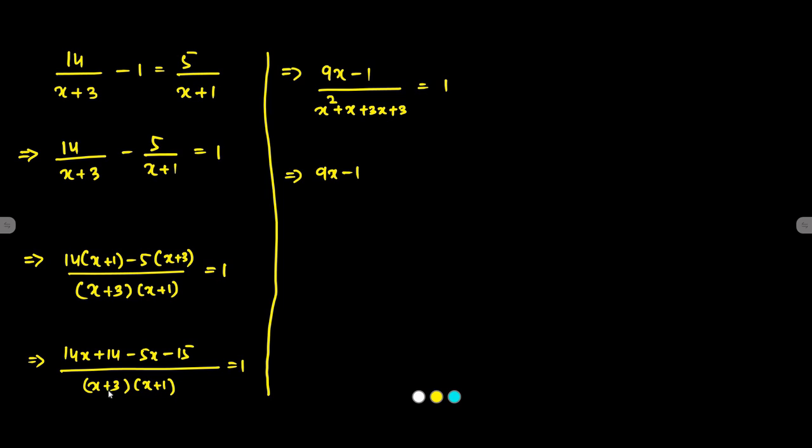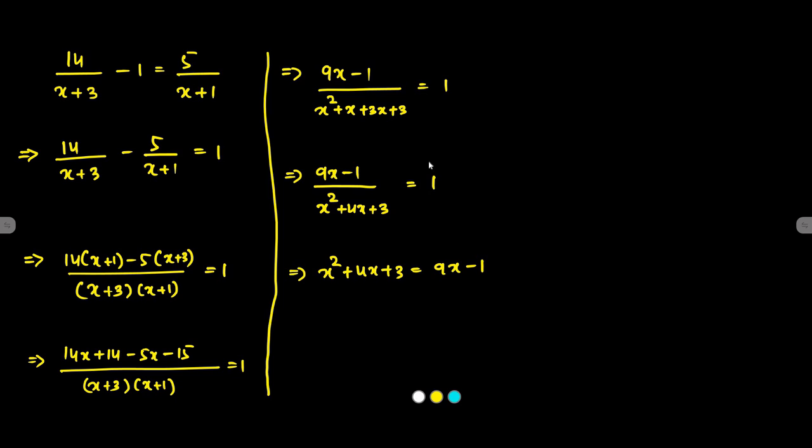Here I have just opened the bracket in the denominator. 9x minus 1 by x square plus 4x plus 3 is equal to 1. That implies x square plus 4x plus 3 is equal to 9x minus 1.